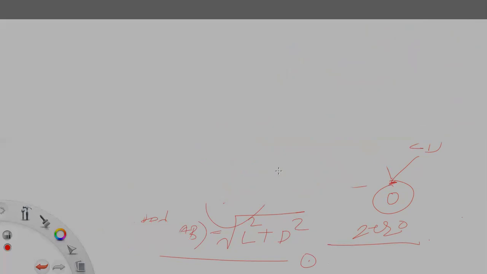Okay, so Gale's traverse table is also similar to this, but the only difference is that the table is quite different. Okay, a similar table is there, but some columns are different. Only this thing is there in Gale's traverse table method. But I will recommend all of you to solve these numericals by using the Bowditch method.